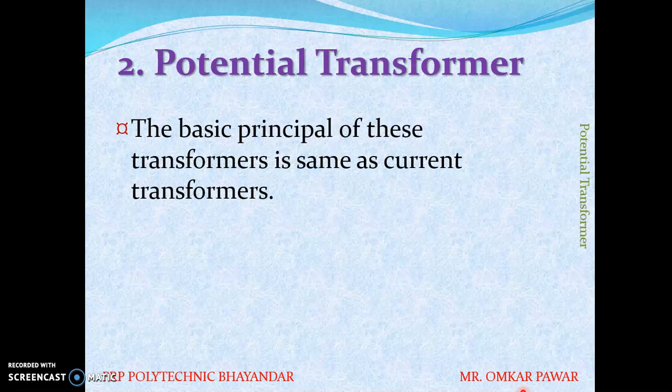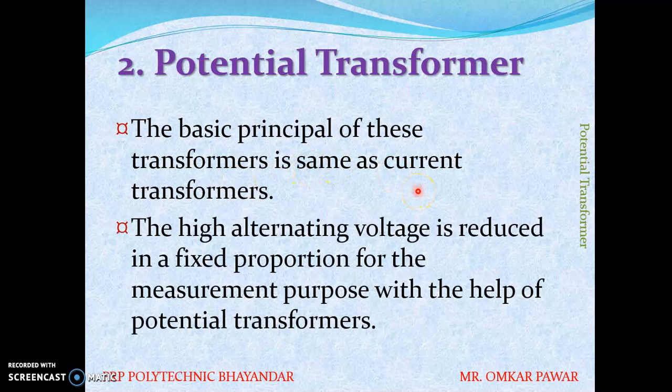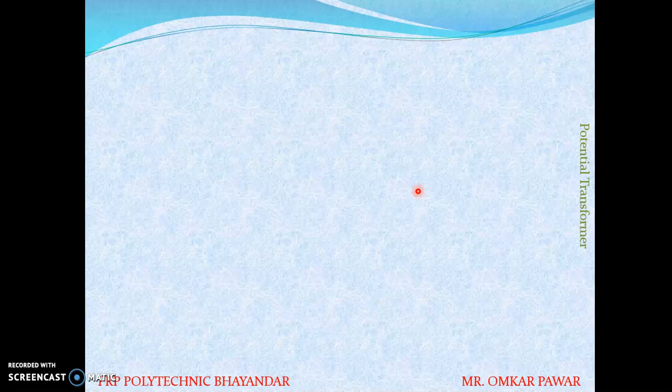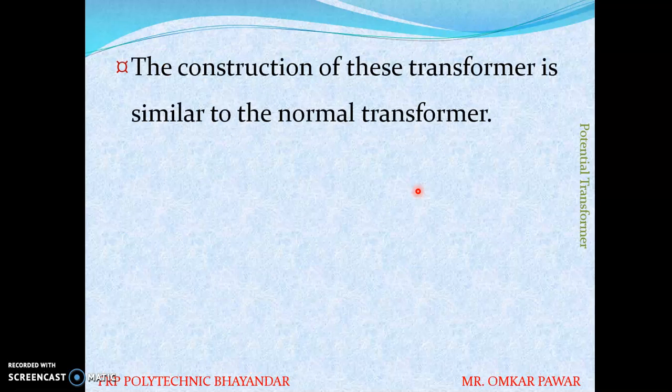The basic principle of this transformer is the same as the current transformer. The high alternating voltage is reduced in a fixed proportion for measurement purposes with the help of the potential transformer. The construction of this type of transformer is similar to the normal transformer.